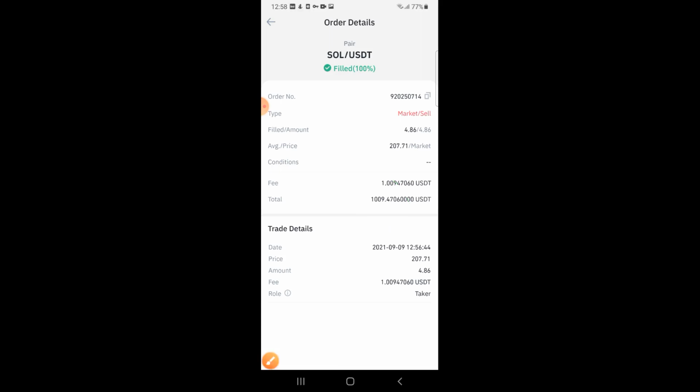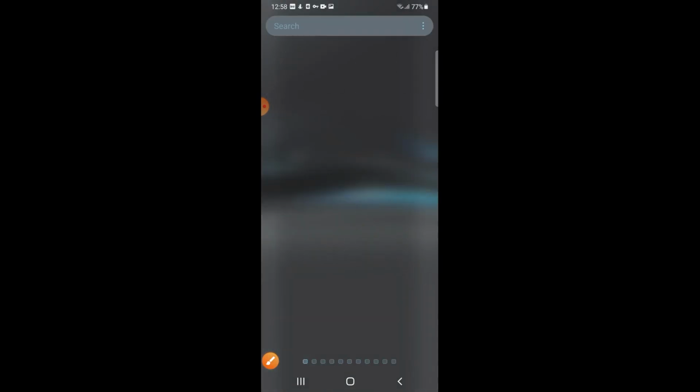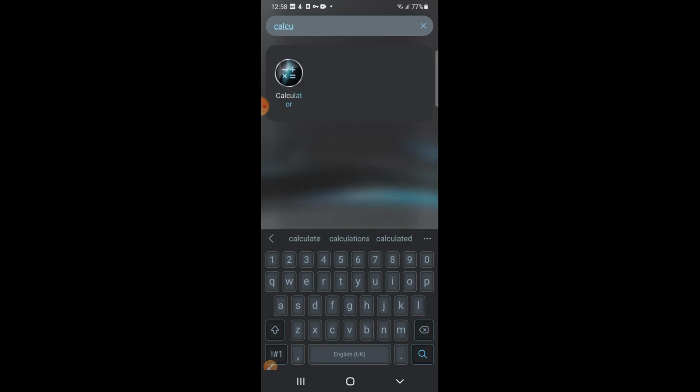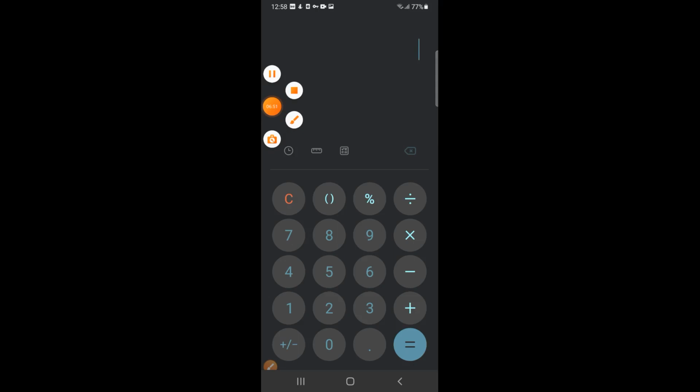If I am calculating this, my buy price is 998 and sell price is $1,009.